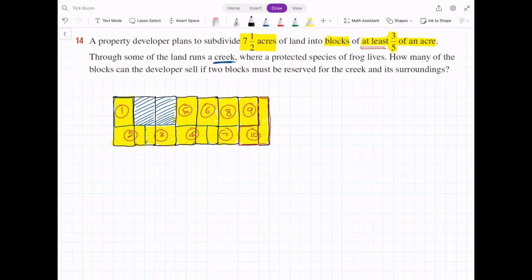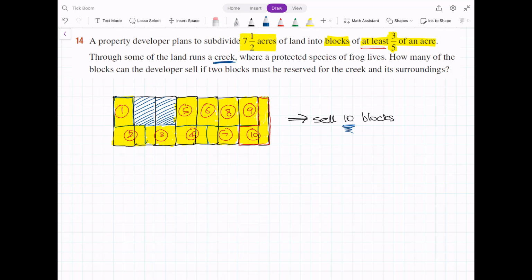So if we're just visualizing, it looks like we could sell 10 of the blocks, where most of them are 3/5 of an acre, and there's one that just happens to be bigger. But you could also, in theory, make them all just a little bit bigger than 3/5 of an acre and find a way to make it fit. But I think the answer is going to be 10.